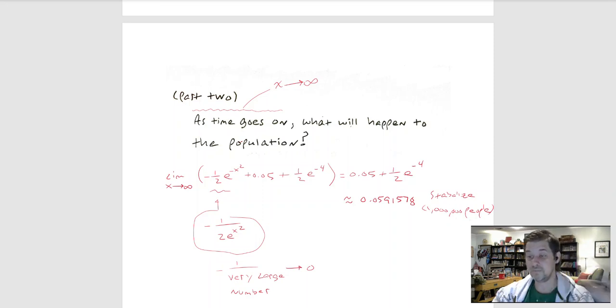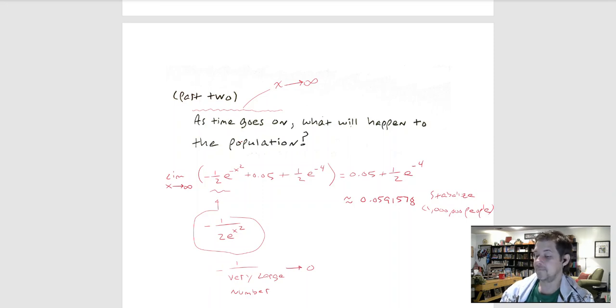So what if we just wanted to give the number though? In math, economists and biologists often include the number million in the units so that we're not working with numbers quite as gigantic. But what if we just want to tell somebody, here's the long run stable population. This is the population going in this direction. Then we might tell them like 59,000 or something. So I'm going to take this and multiply it by 1,000,000, and I'm going to give the number that way.